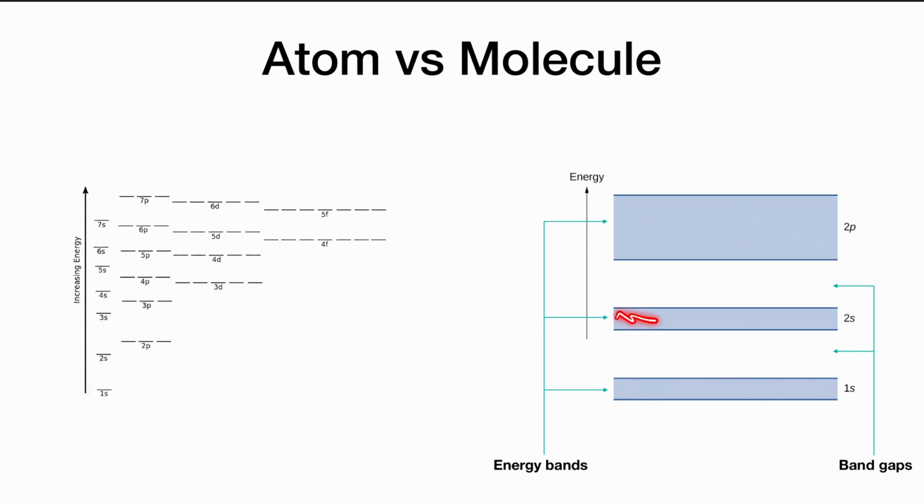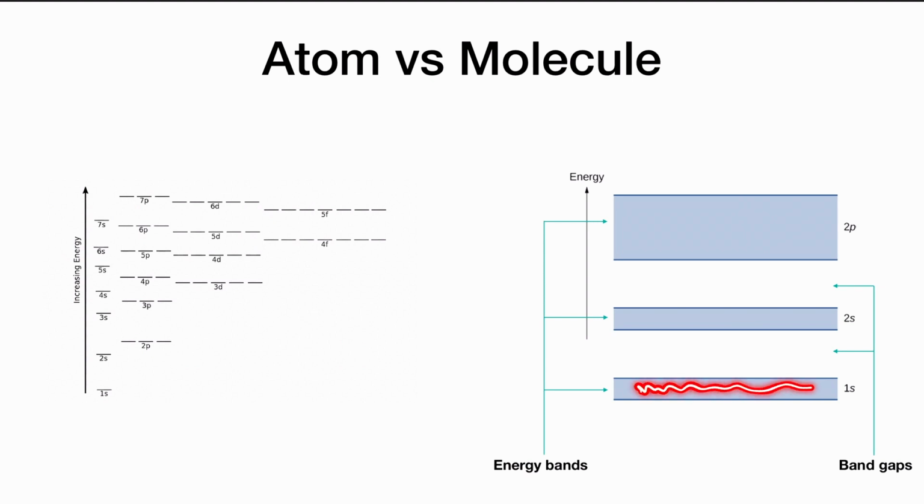The same is true for the second energy level and its suborbital. And the regions which were forbidden in the atom side, in the molecule side, we call these forbidden regions band gaps or energy gaps.